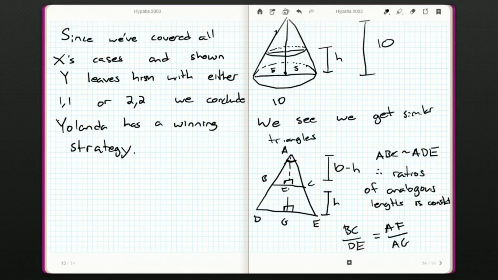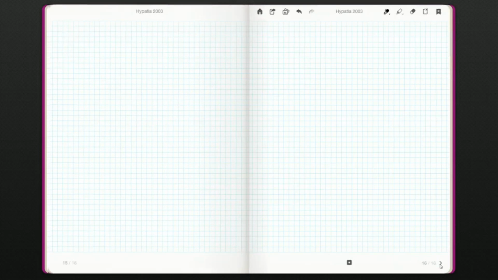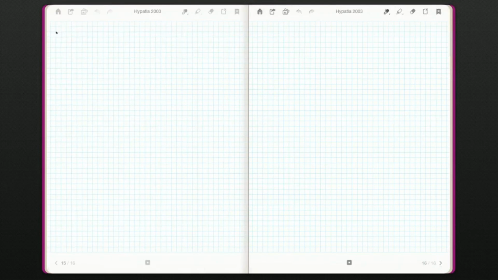Well, we know what AG is, we know what AF is, h and 10 minus h, and we know what DE is. And that would mean that we can figure out what BC is. And BC is the diameter.